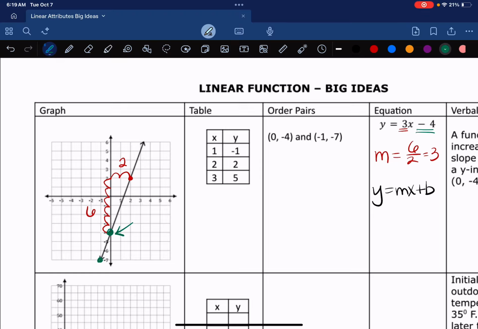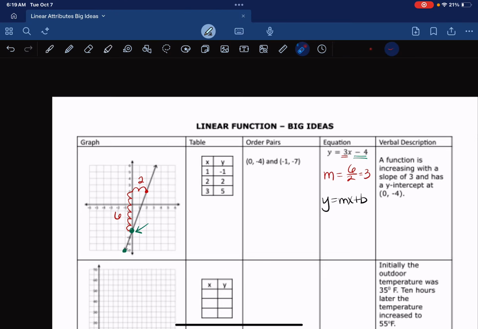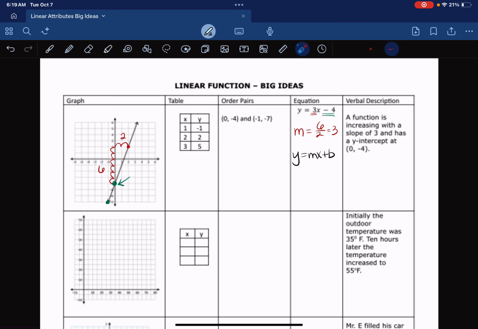That's another point that we could have used to count our slope. And then, of course, a table of values just consists of any points that we could find that fall on our graph line, okay? The verbal description here would be a function is increasing with a slope of 3 and has a y-intercept at (0, -4).